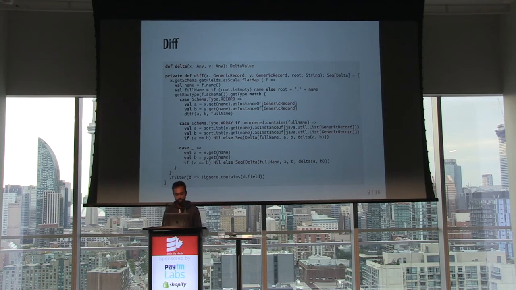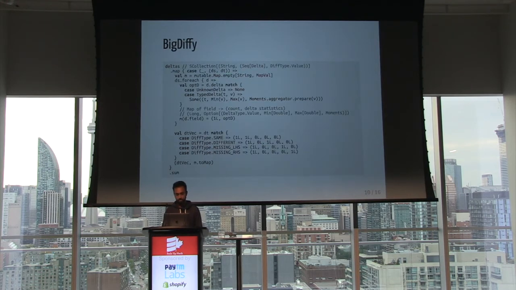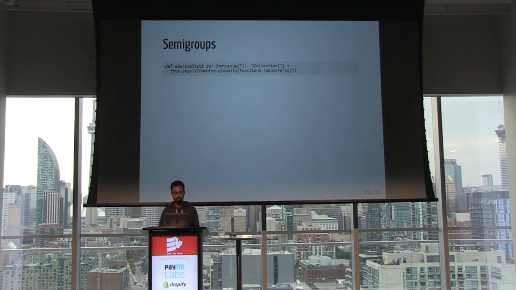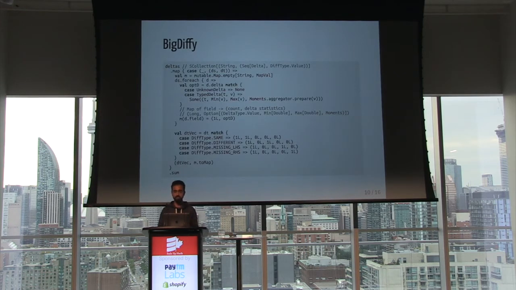Okay, and then we'll get a bit further in. So how are these deltas actually used? There's a decent amount of code here, but the premise is that we use the distance to calculate these moments in the first half, and then we produce this map that basically maps a field, delta type, the minimum, maximum distance, and the moments.